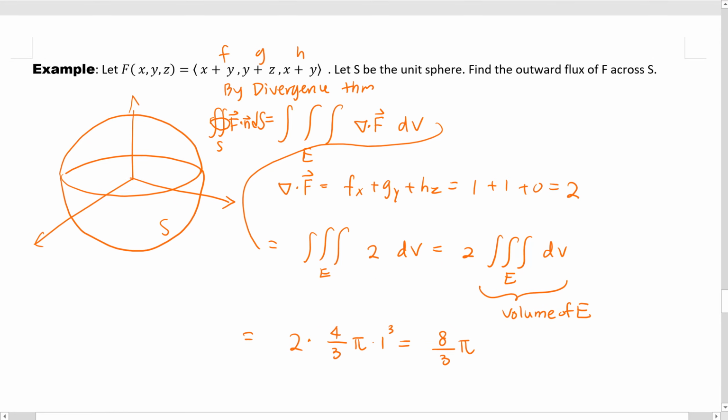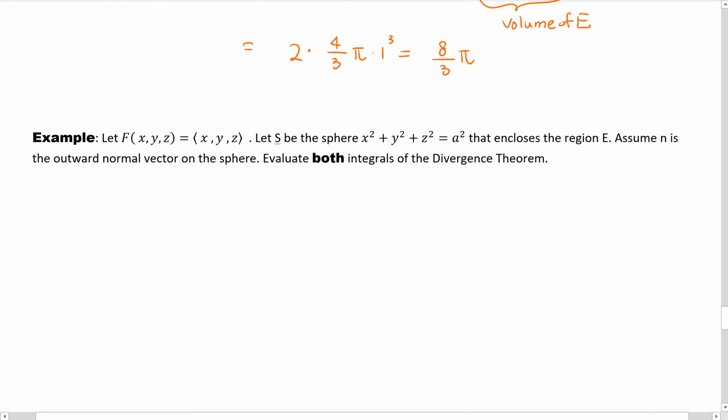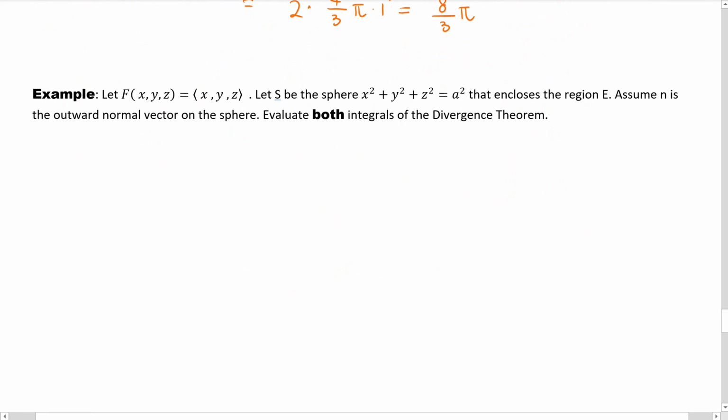Let's continue. So we have F as the vector field and S is the sphere with radius a. Assume N is the outward normal vector. Evaluate both integrals of the divergence theorem. So we do need to evaluate the surface integral and the triple integral.